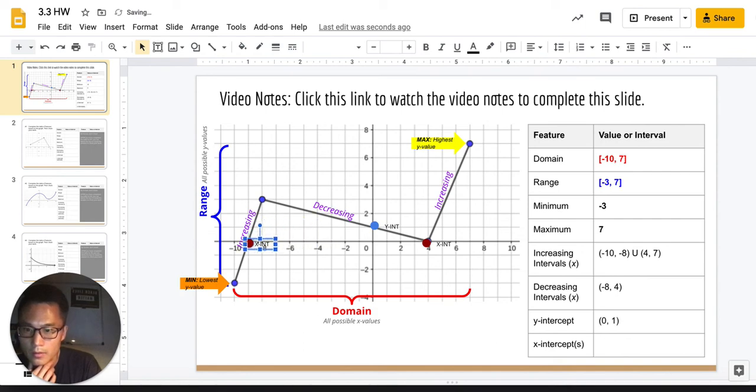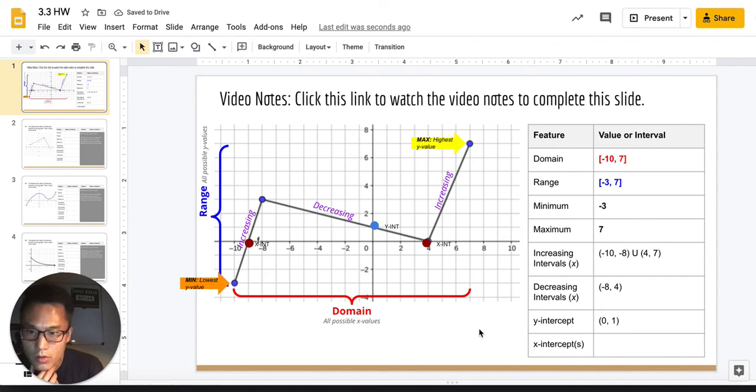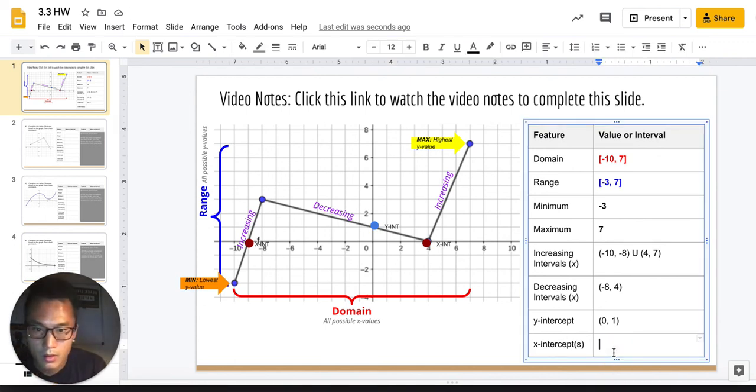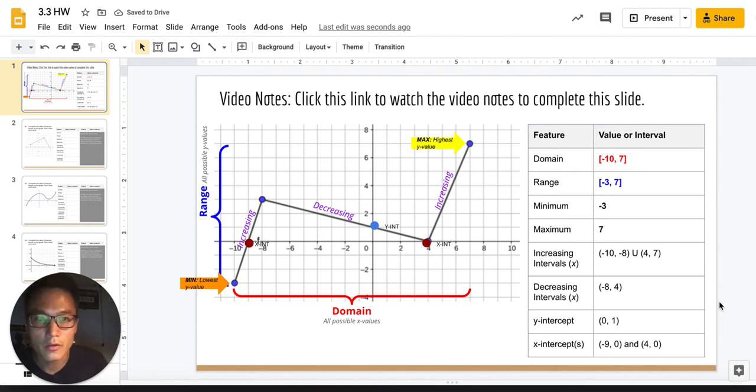Right there. So those two x-intercepts, one is approximately at (-9, 0). It's not exactly there, but it's close enough for us. And these, we're writing xy coordinates here. (4, 0). An x of 4, a y of 0. And these are the features of our function.